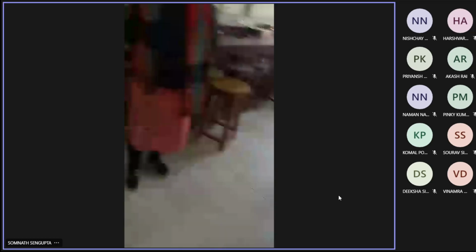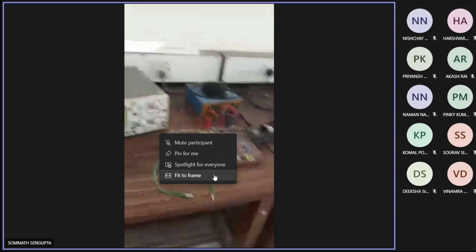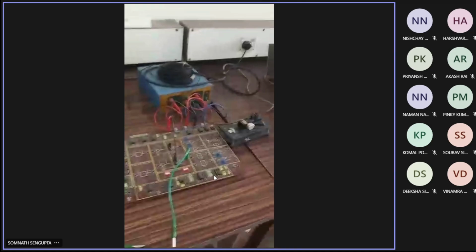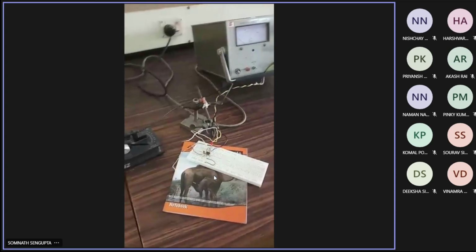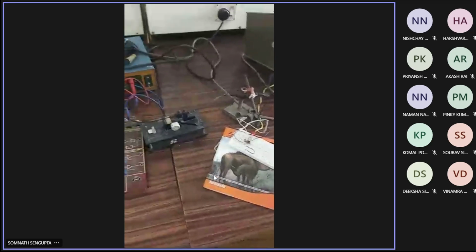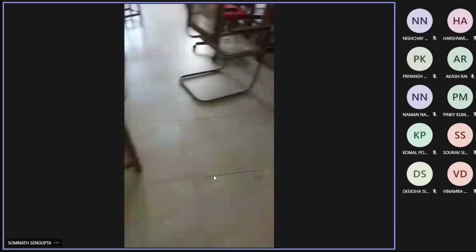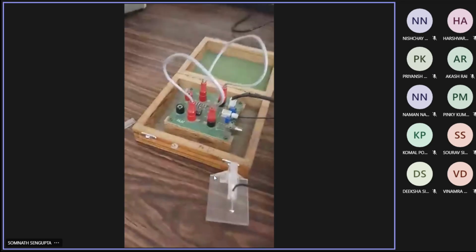So there are some arrangements where fiber attenuation is calculated, and some experiments are there to calculate numerical aperture. This setup, okay, numerical aperture we will calculate.